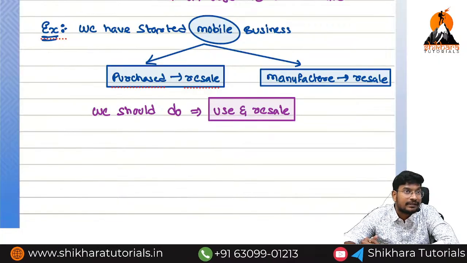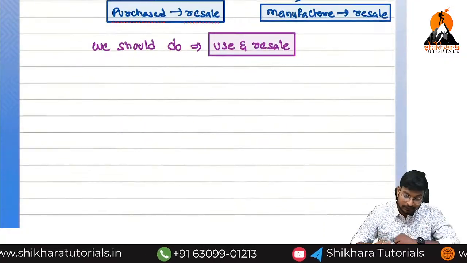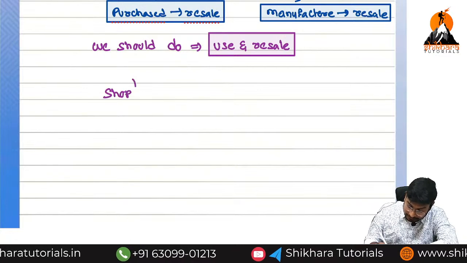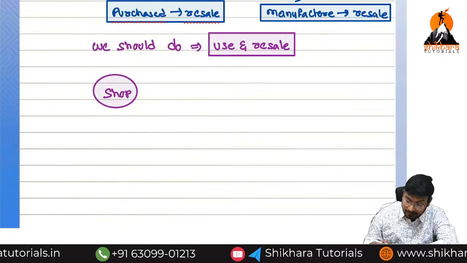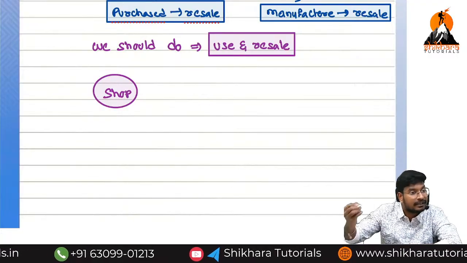We are purchasing second hand mobiles from some other person. For example, here we are having the shop. We are not purchasing new products; we are purchasing used products from some other person.